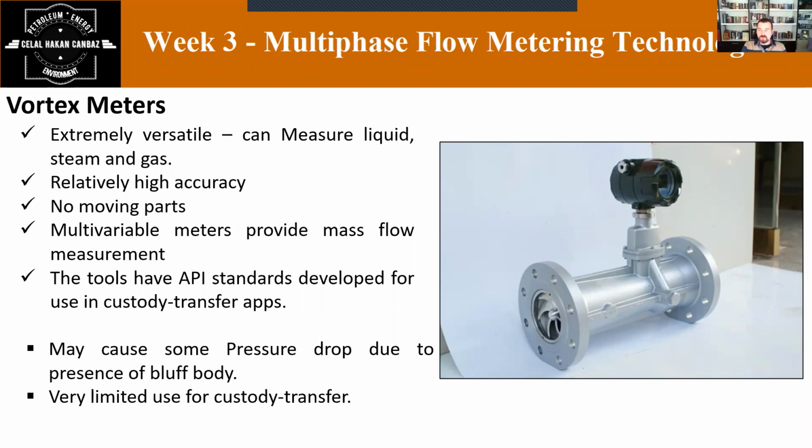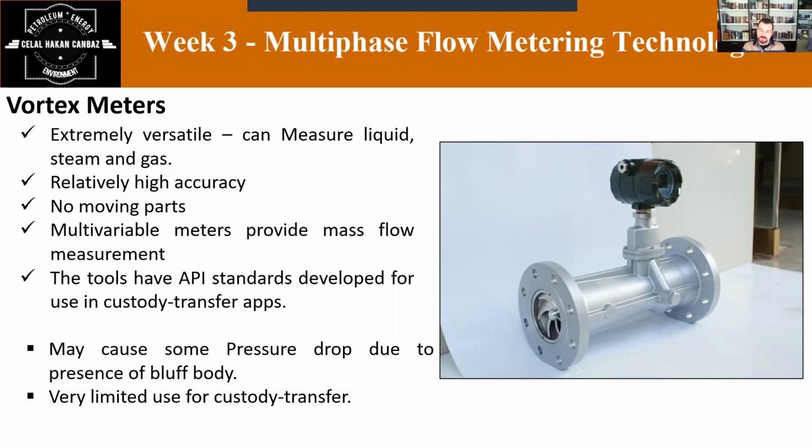Flow measurement is performed based on the vortex principle here. Inside each vortex flow meter, a bluff body is located in the middle of the pipe. This body is a kind of obstruction that disturbs the flow, and the vortices appear on either side of the bluff body and are carried away by the flowing fluid.